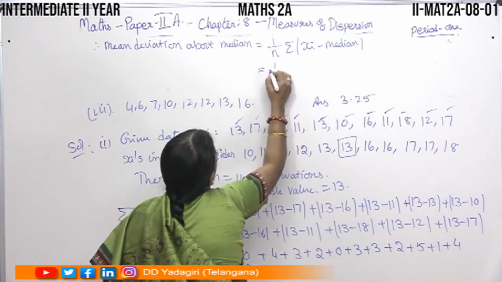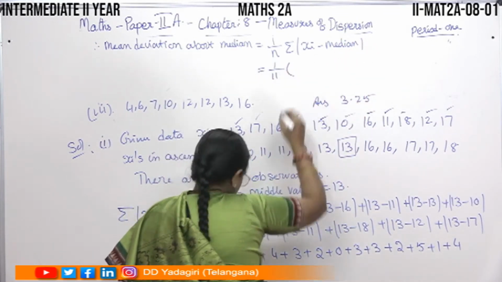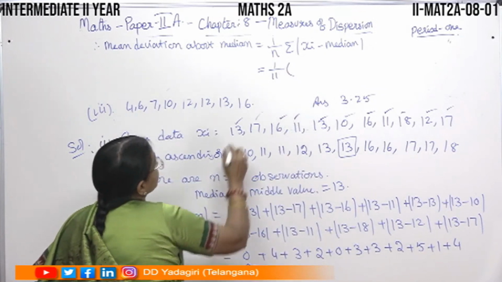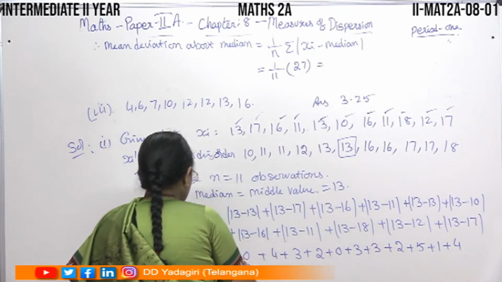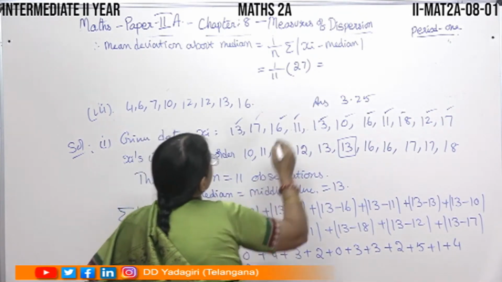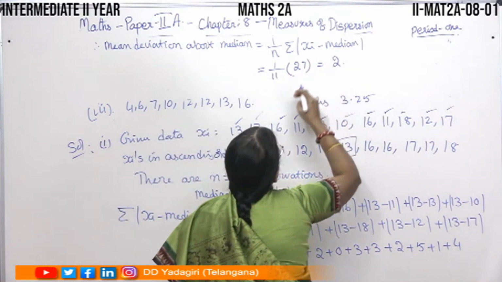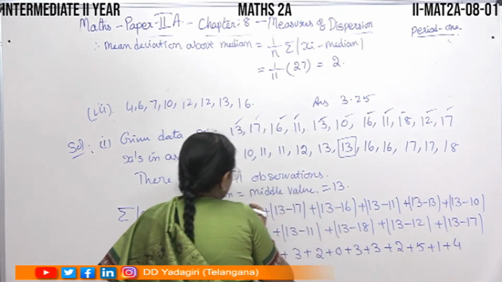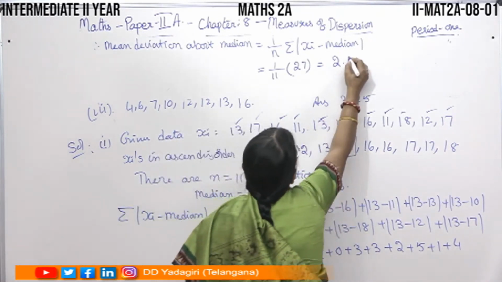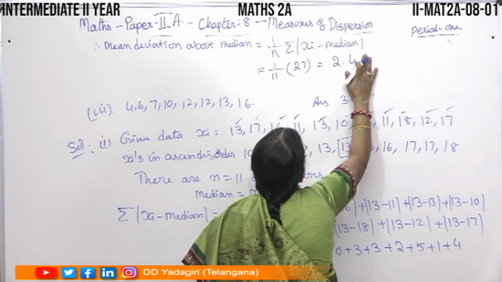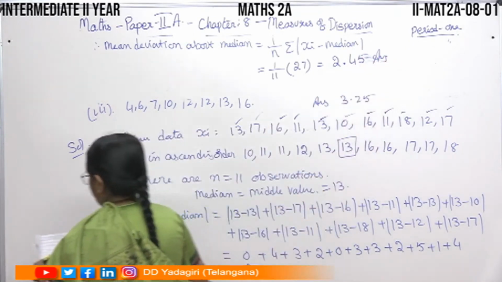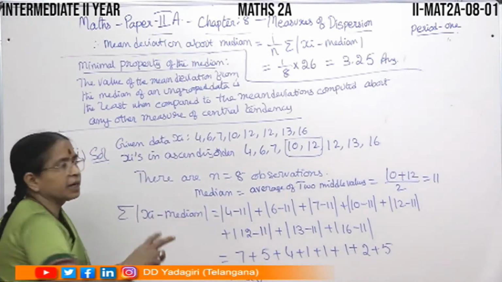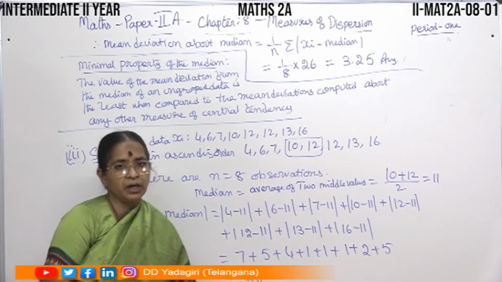So how much is it? 1 by 11 into, the sum of all this is 27. So it is 2.45. You can calculate, simplify. This is the answer. Now the next problem, second bit is similar to the first one, you can try.